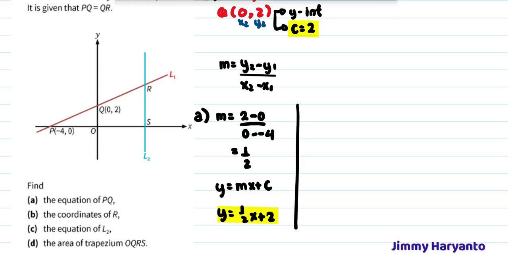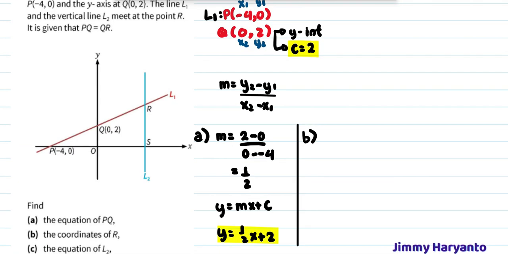Next is the coordinate of R. To find the coordinate of R, even though the question says PQ equals QR, if you use the length of line segment formula, it will be a little bit difficult. So let's use another approach for this one. Because PQ and QR have the same length, that means the steps will also be the same.